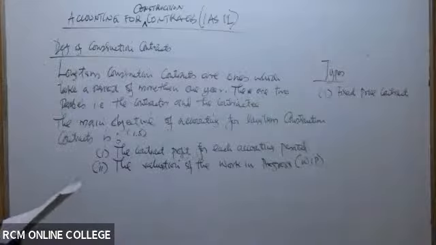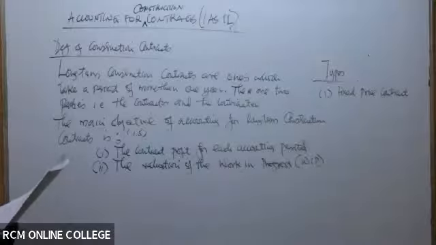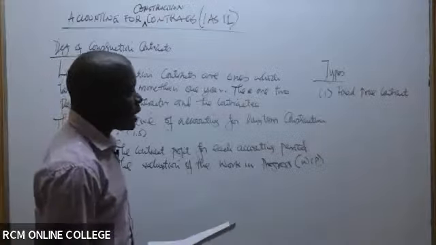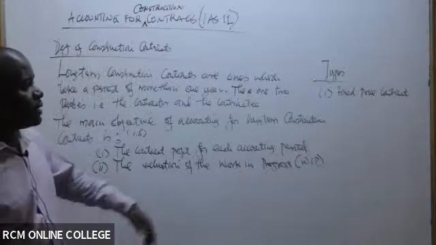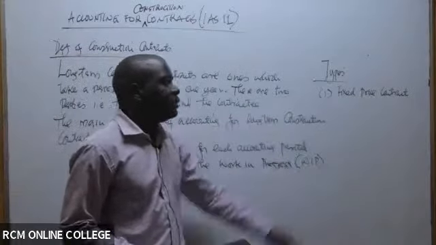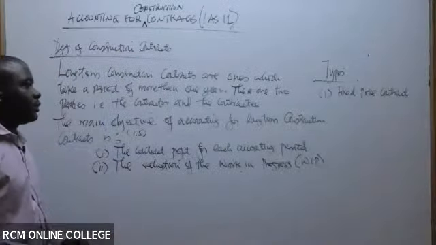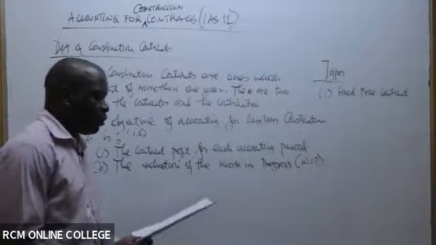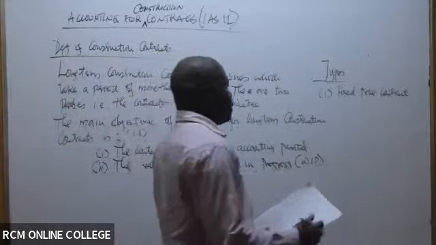So what is a fixed price contract? It is one where the contract price is determined before commencement of the work. So in simple terms, it is one where the price is determined before the commencement of the work.